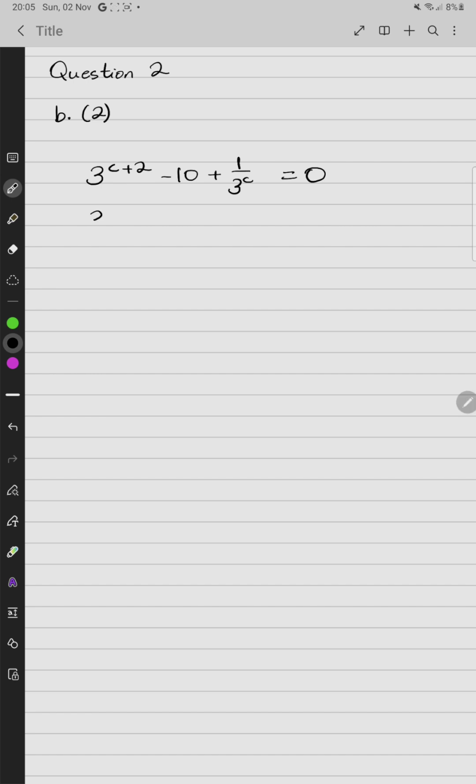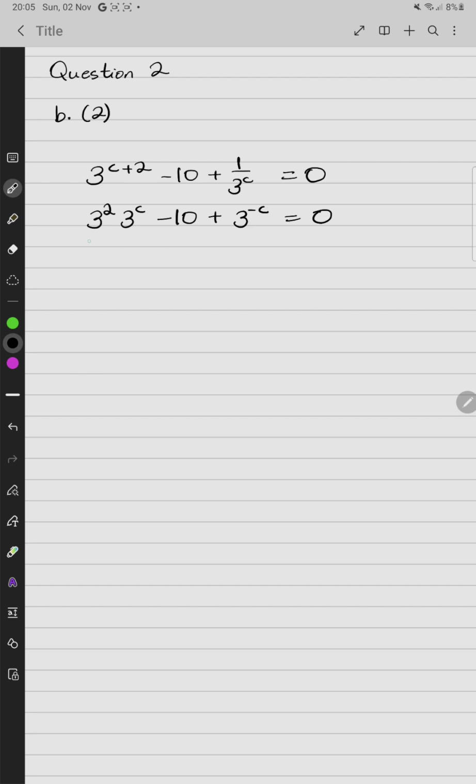We have 3 to the power of c plus 2, which is the same as saying 3 to the power of 2 times 3 to the power of c, minus 10, plus 3 to the power of negative c, equal to 0. These are the same.